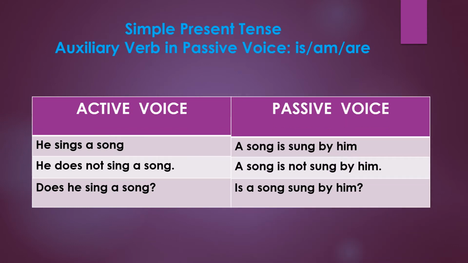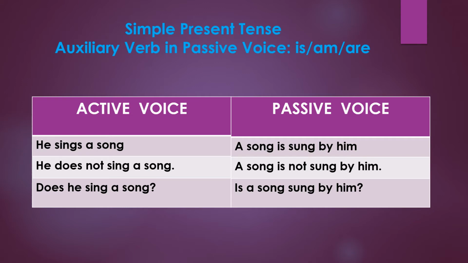So simple present tense has auxiliary verbs in passive voice. If we find a sentence of active voice in simple present tense, the structure of simple present tense is subject plus first form of verb plus object. To change it into passive voice, the auxiliary verbs which we can use are is, am, are.